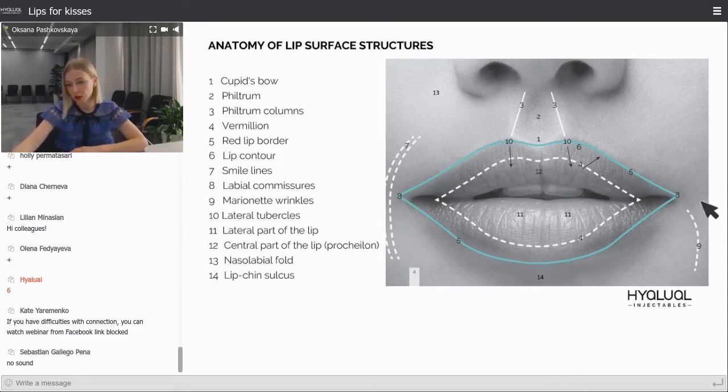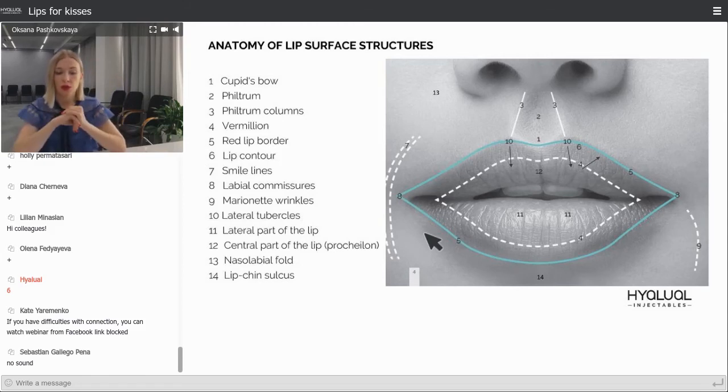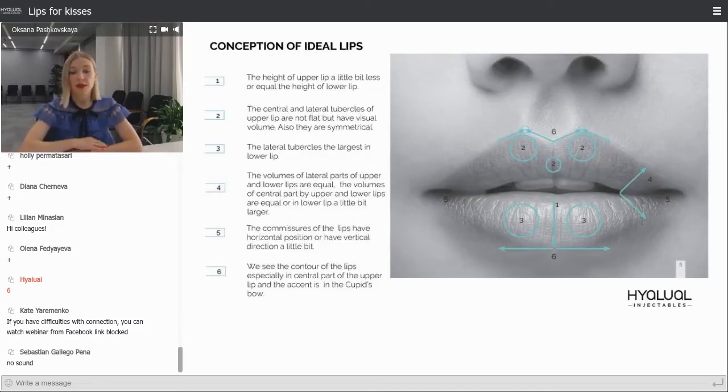Also the commissures of the mouth, the marionette lines, the nasolabial fold here, and the smoker's lines under our upper lip may appear, and also the smile wrinkles in the lateral part of our mouth. So I think it's clear with the structures, and now let's continue with the anatomy, with the concept of ideal lips.